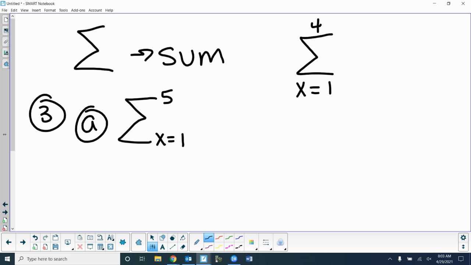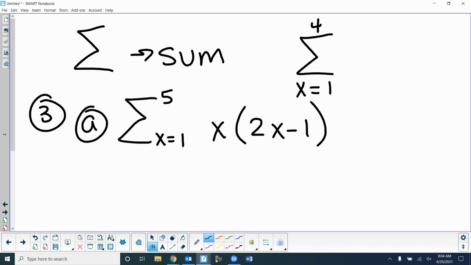Okay, so here's the rule for our series. So what this means is to start by putting 1 in for X, and then put 2 in for X, 3 in for X, 4 in for X, and 5 in for X. Okay? So you have to find 5 answers, and then at the end, you got to add those 5 answers up to finish it.